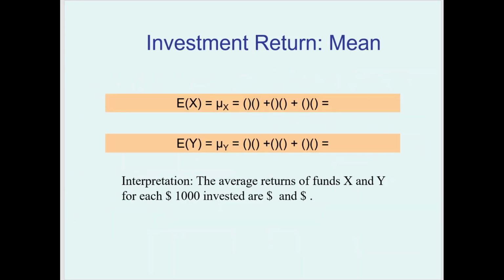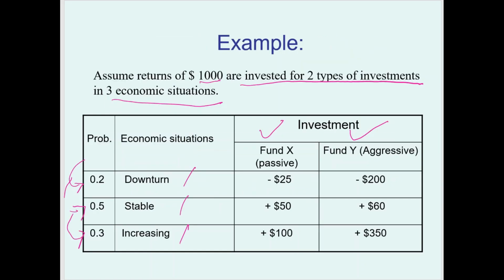So how do we calculate this one? E of X, which is your expectation. The first one, X equals negative 25 here, and the probability of this is 0.2. We need to calculate for fund X and fund Y because we have two types here.